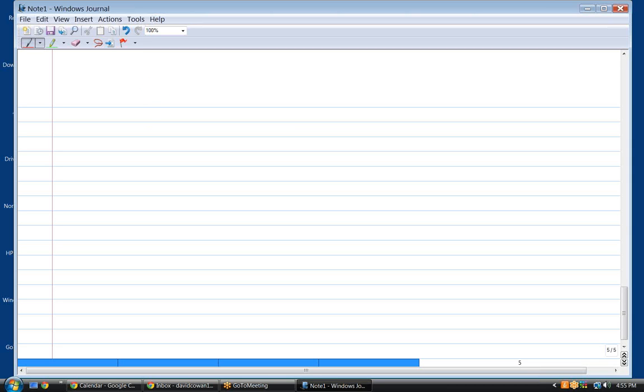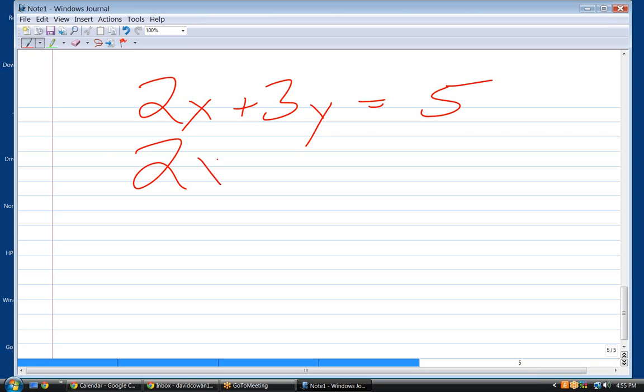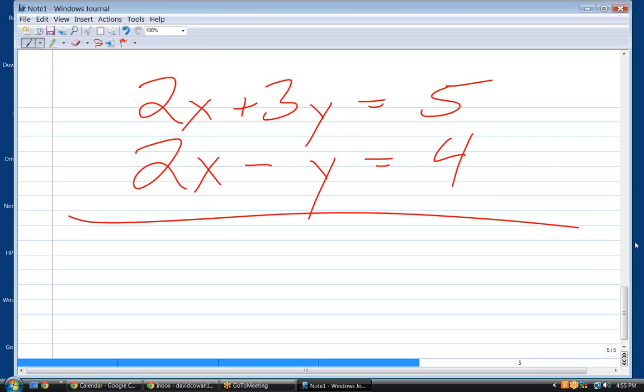Not that I can think of now. Let's take this one here. How would you solve these 2 equations and 2 unknowns?